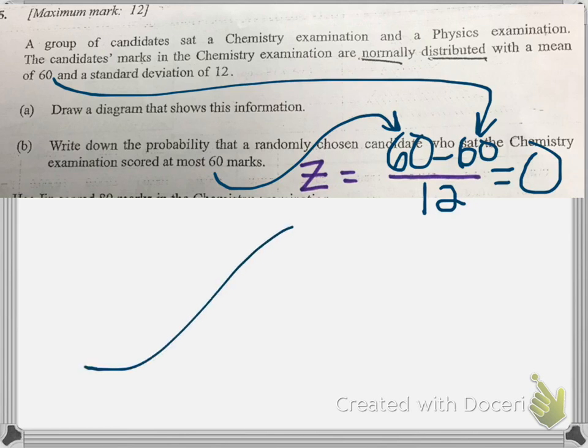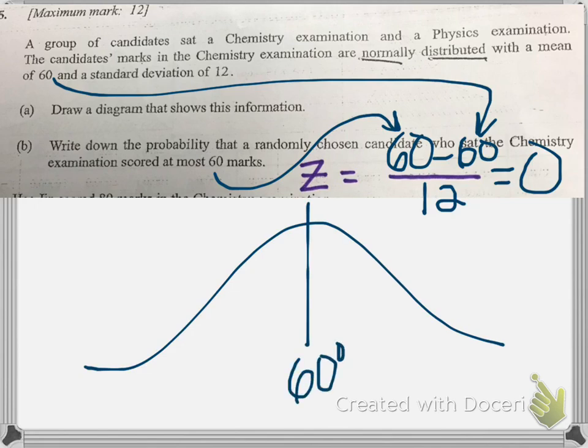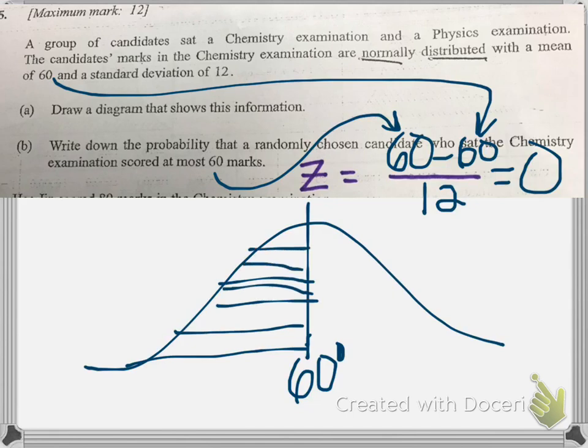So if we got 60 here at the mean, a score of 60, 50% is going to be less than that, okay? So notice question B is just kind of really quizzing you on your basic understanding. If you know that you have a z-score of 0, that's at the 50th percentile.